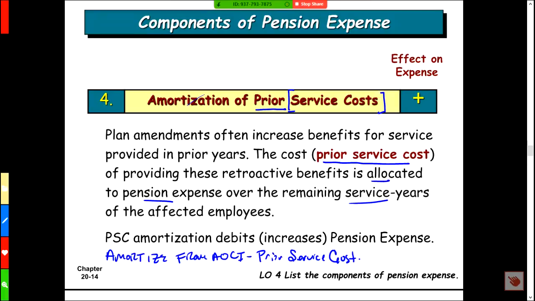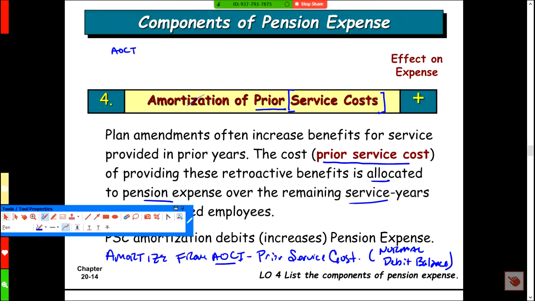First, it debits OCI, closes it to accumulated other comprehensive income. AOCI has a normal debit balance, and we amortize by crediting. So the entry would be like this, and put it up here, AOCI. Already got it wrong there.